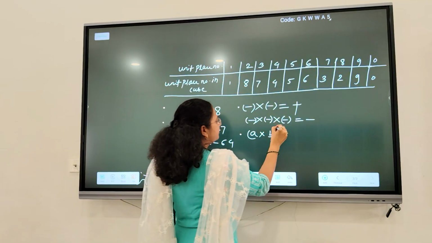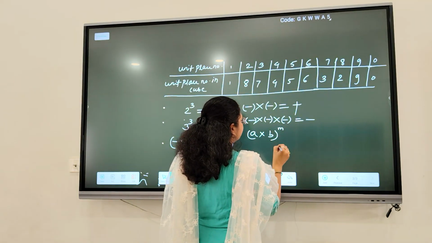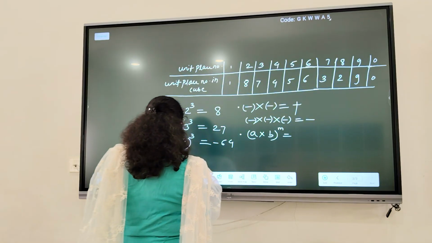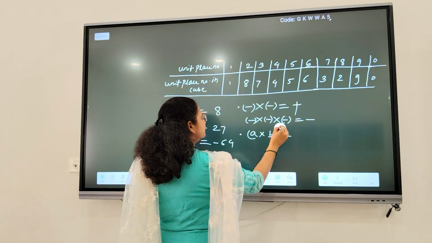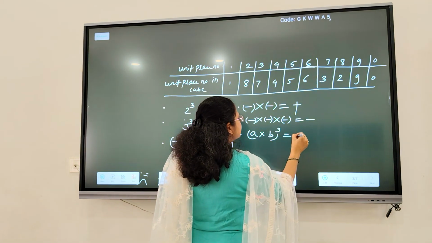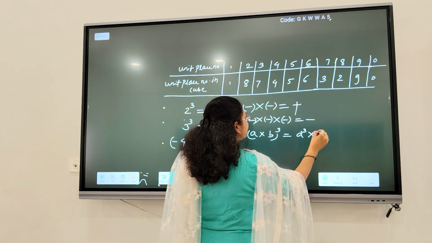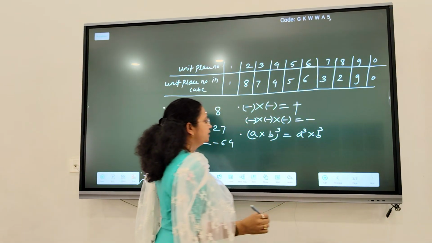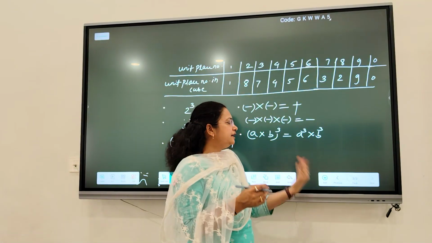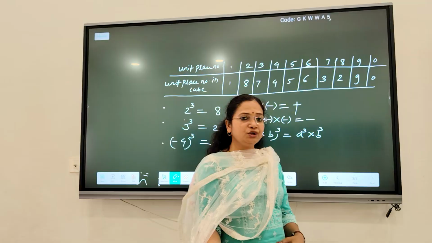A multiplied by B, its cube, is equal to a cube multiplied by b cube. The cube of a product of two numbers is equal to the product of their cubes.